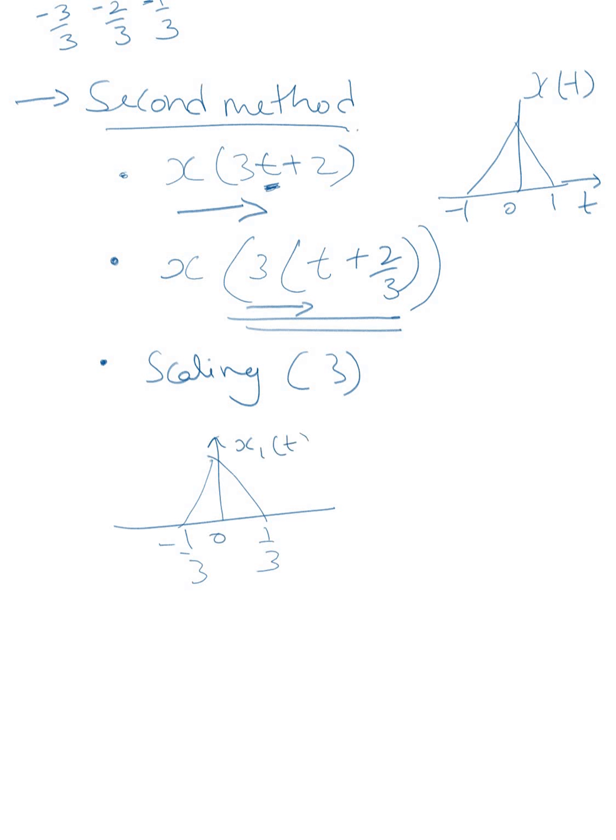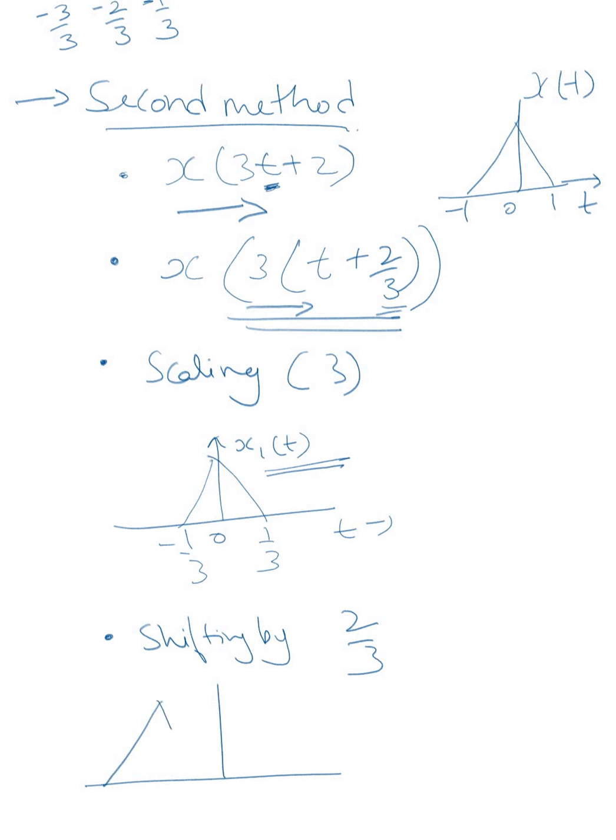Let's say this is x1 of t. Now the second operation we encounter is shifting by 2 by 3. That will shift the signal towards the left. The shifting operation will be performed over this x1 of t.